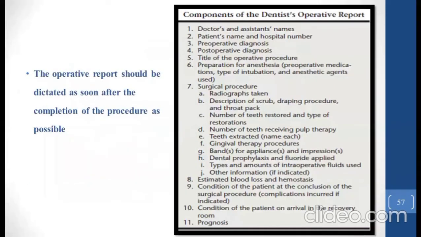The operative report should be dictated as soon after the completion of the procedure as possible. And the components of the dentist operative report should include doctor's and assistant's names, patient name and hospital number, pre-operative and post-operative diagnosis, title of the operative procedure, preparation for the anesthesia that includes pre-operative medication, type of intubation and the anesthetic agent used, and the surgical procedure.